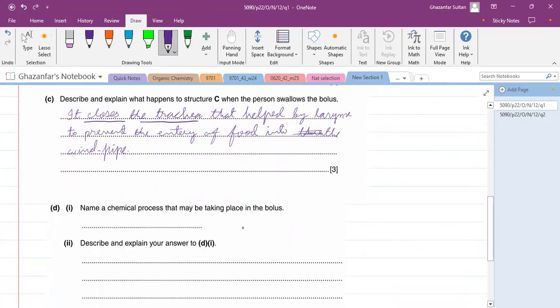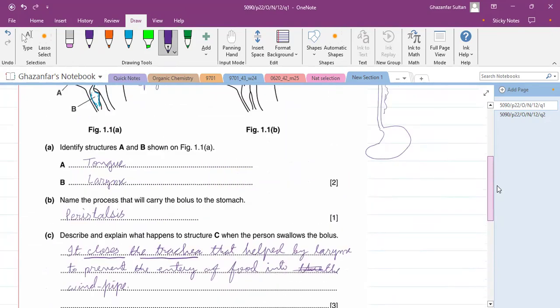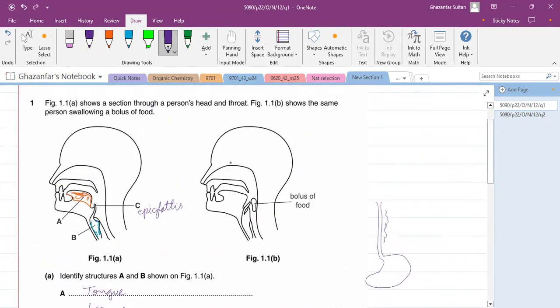Now the fourth point, to name a process that may be taking place in the bolus. Now see, bolus is made by mastication process in the mouth, and in the mouth there are 3 salivary glands that secrete different materials, including an enzyme amylase.